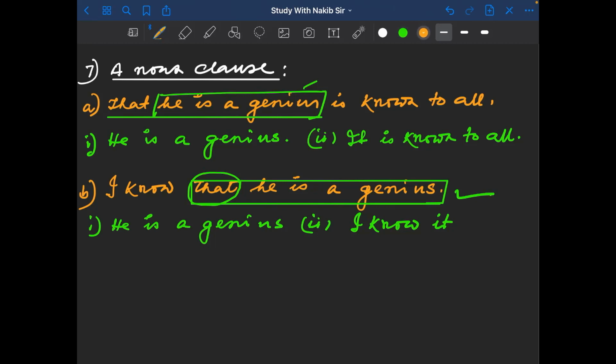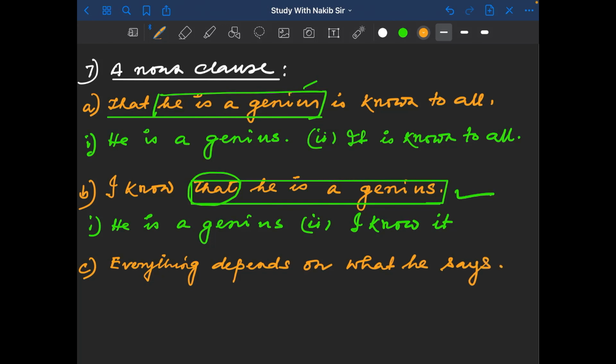Okay, now we'll take another example. See, everything depends on what he says.